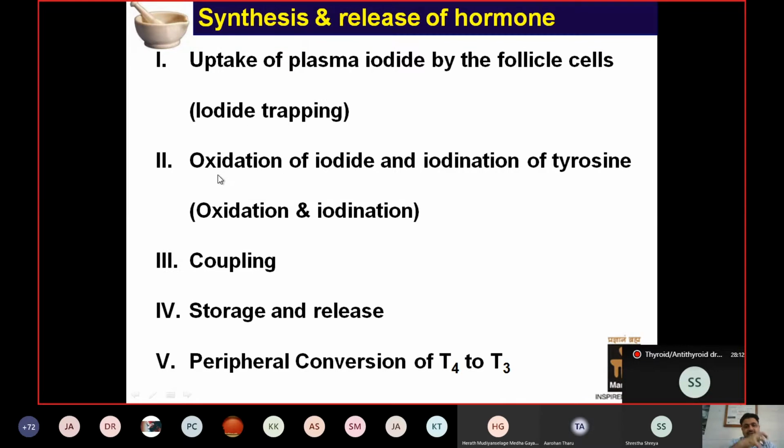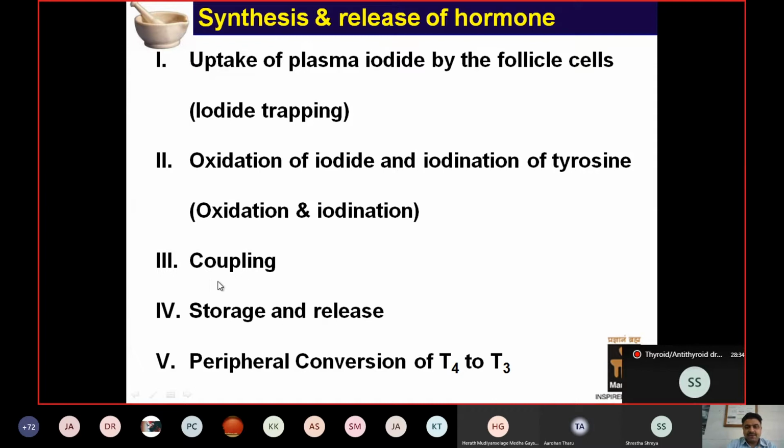So the iodine is oxidized, and that oxidized iodine will iodinate the tyrosine. Now the tyrosine which is iodinated is coupled. There is a step called coupling, and we will discuss a little detail about the coupling.